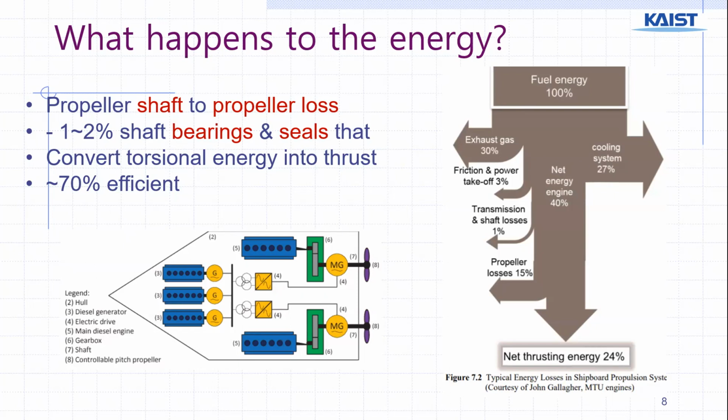The big point of the propeller shaft to the propeller is to convert torsional energy into thrust, moving a rotational movement into a forward movement. Generally, in a really ideal condition, this comes to maybe 70% as the efficiency number.